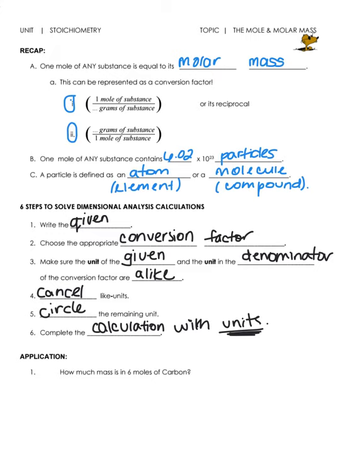Okay, so let's go ahead and apply what we have just taken notes on to some dimensional analysis problems that deal with a mole and its molar mass. So application problem number 1 says how much mass is in 6 moles of carbon? So step number 1 says to write your given.